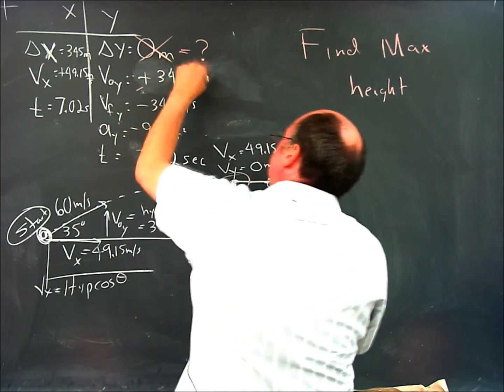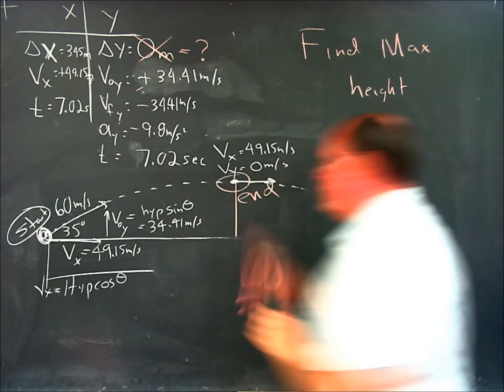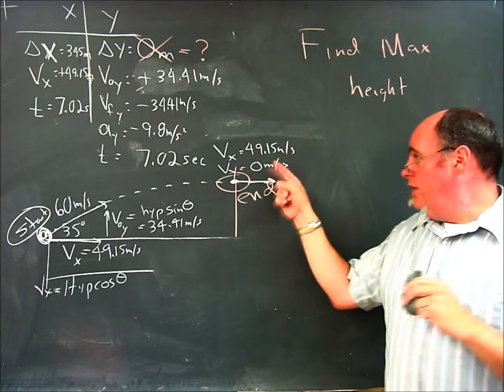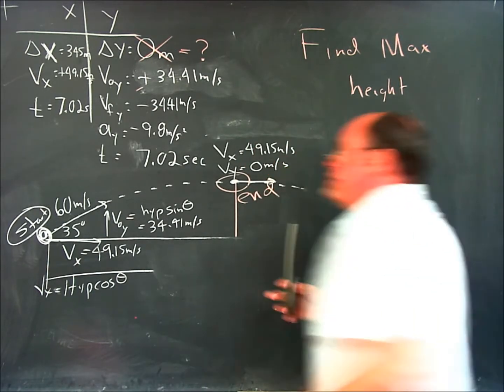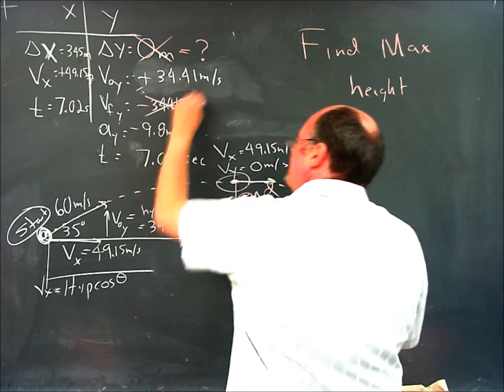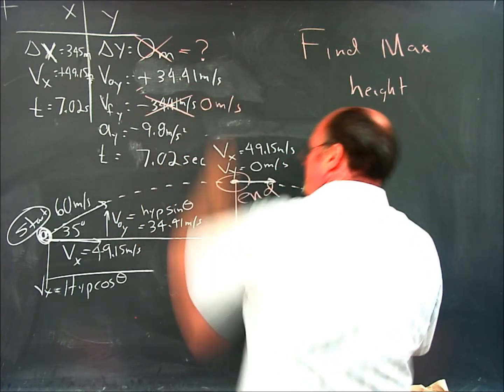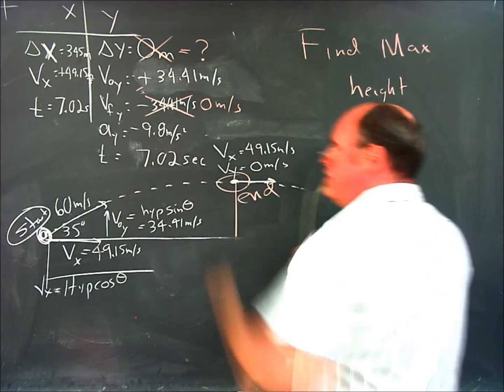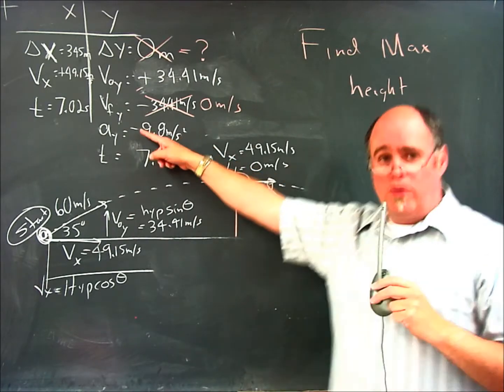So I'm trying to say the correct one. 0 meters per second here. So we would have to cross this thing out and say it's 0 meters per second. We would still say the acceleration is 9.8, negative because it's going downward.